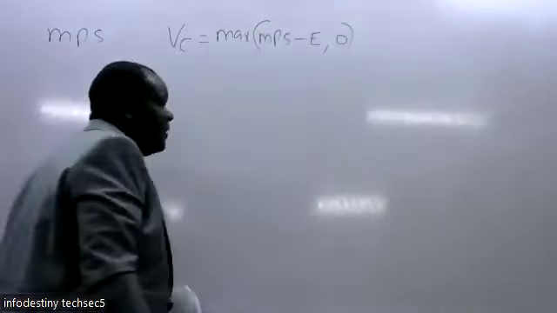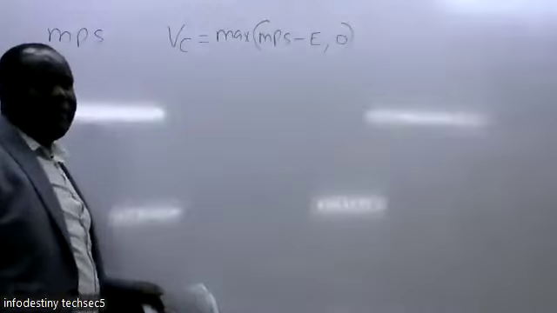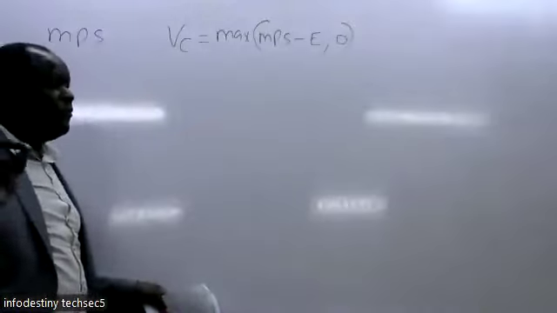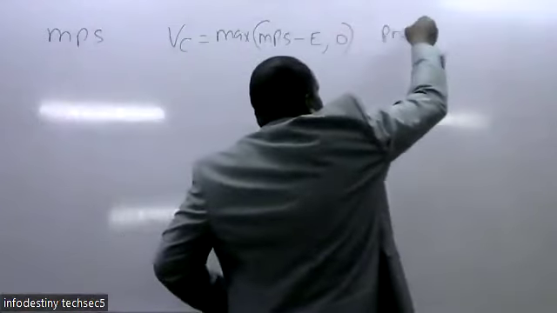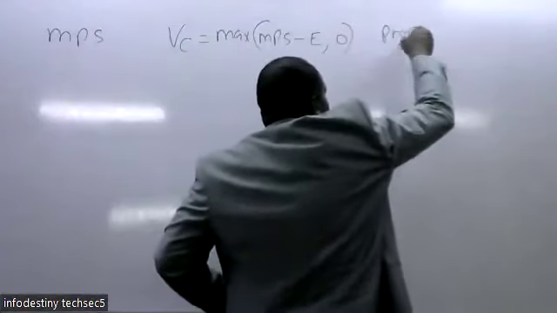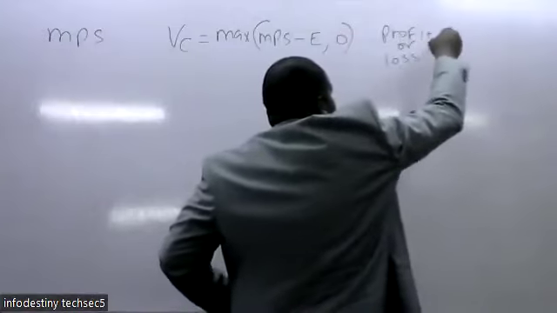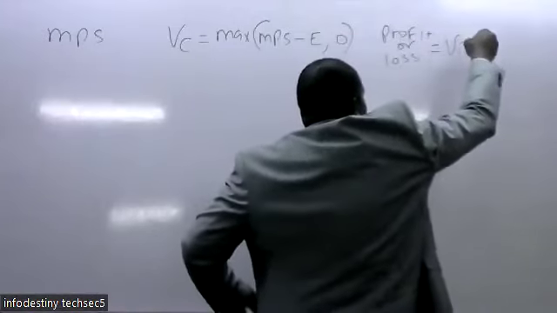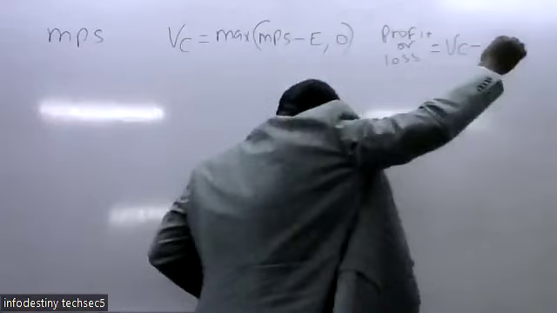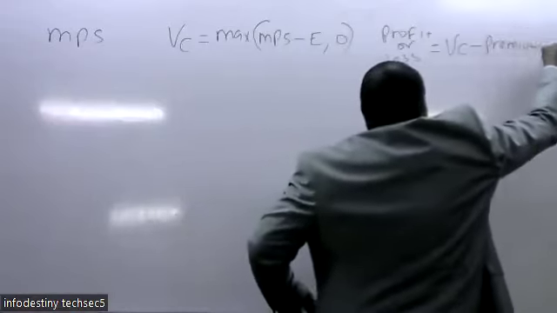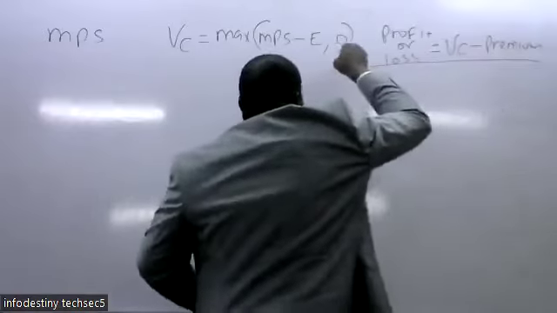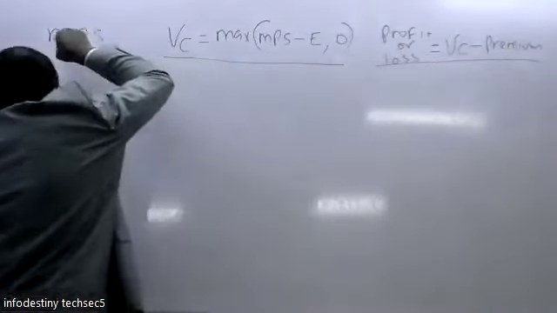Then we have said the value cannot be negative. In case it is negative, we make it equal to 0. Then also profit or loss. It is simply the value of the call option, we subtract the premium.